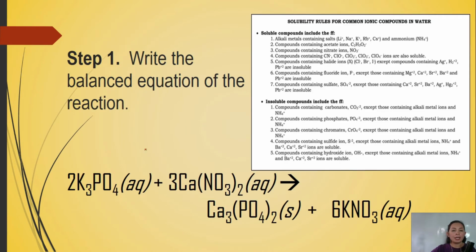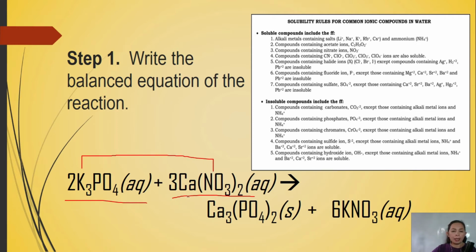Okay, we have here step number 1. We have to write the balanced equation of the reaction. So let's check later on if there is a formation of precipitate. Going back to our knowledge in double displacement reaction, since we have here two compounds, potassium phosphate and calcium nitrate, when we combine these, we have to combine the positive of the first substance with the negative of the second one.